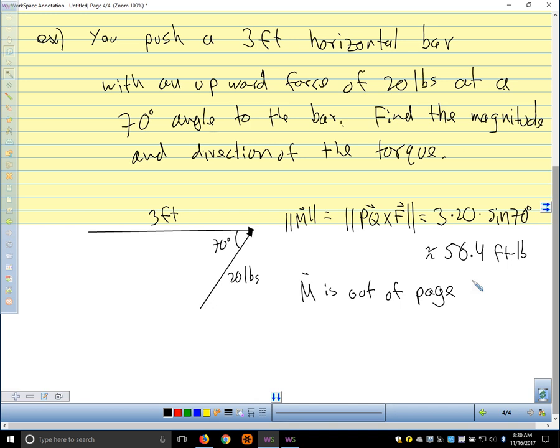So we can always draw these cross product things as a flat diagram just by looking at the vectors, and the cross product will always be perpendicular to the page. But if you're given the vectors in component form, as 3-dimensional vectors, it's harder to draw them flat and visualize it that way. So then you have to visualize PQ cross F. All right, questions?